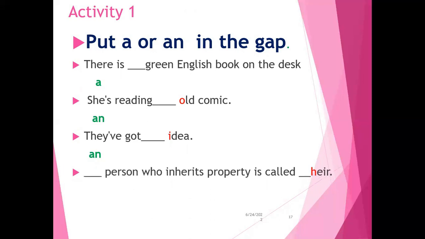A person who inherits property is called an heir. Here, in the last example, H has dropped its sound, and rather than this, the vowel is producing its sound. So that's why it's an.